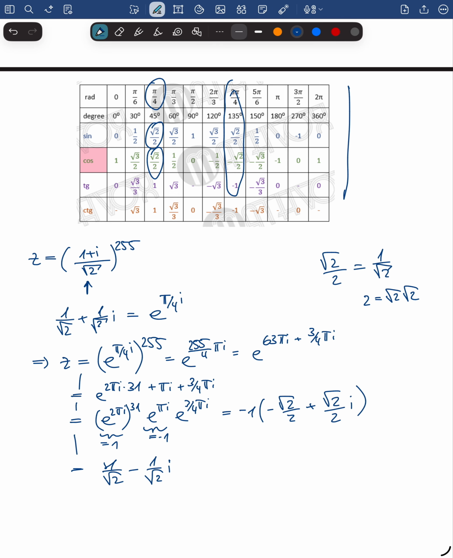So basically what we get is, we took the complex number to the 255 power, and the only thing that changes is that the sign for the imaginary part of the complex number switched. Okay, quite interesting, right? Okay, see you next week.